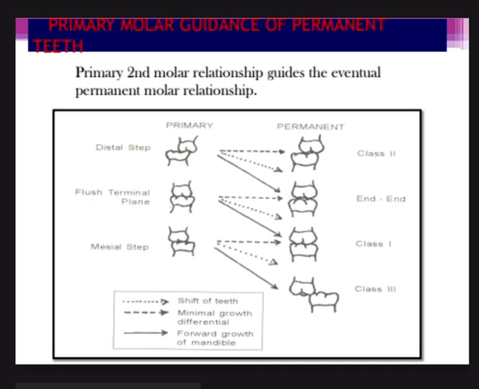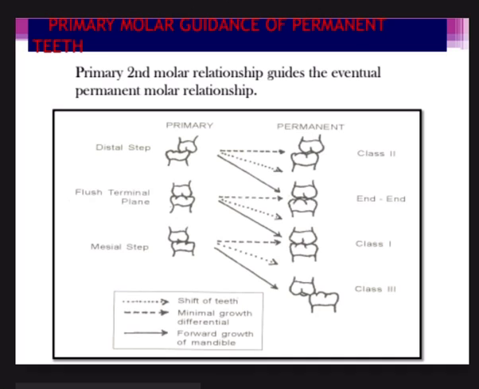Then, as we all know, as the child is growing, there is forward and downward growth of the mandible. If that growth is minimal, then it will lead to something, and if it is normal, then it will lead to something else. So in case of distal step, the distal surface of the mandibular second primary molar is distal to that of the maxillary second primary molar.